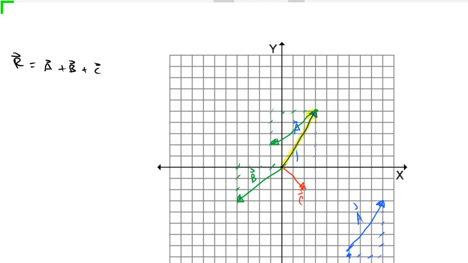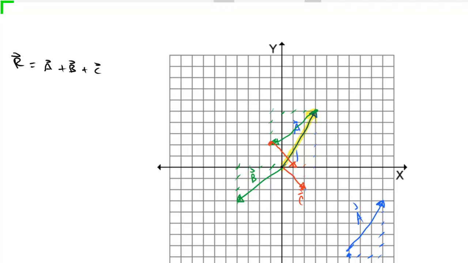This is vector B, our motion there. And then for vector C, we would start at the end of vector B, and since vector C was defined to be to the right 2 and down 2, that's exactly what we'll do to move in C. Moving to the right 2 and down 2, we have something like this.